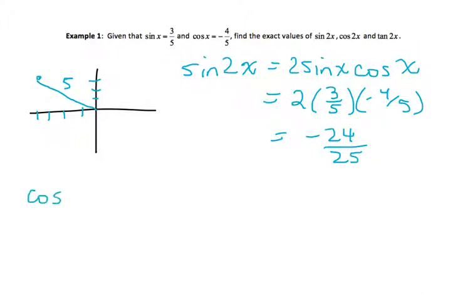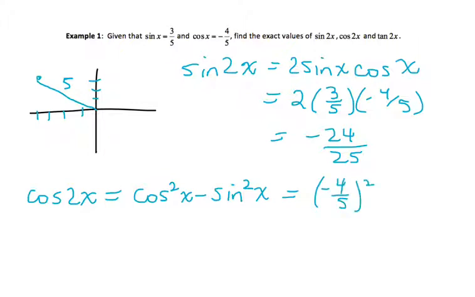Cos 2x is cos squared x minus sine squared x, or you could use any of the other ones. I think this one, for this case, since we know cos and sine, was nice and easy. Negative 4/5 squared minus 3/5 squared. That's going to give us 16/25 minus 9/25, which would be 7/25.